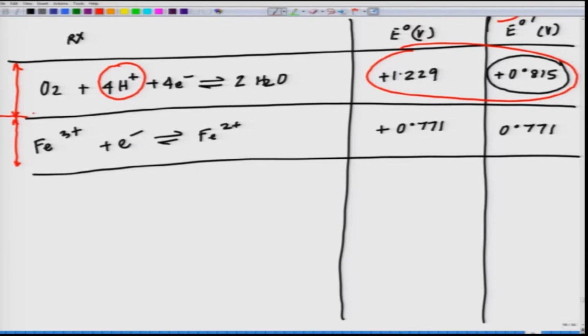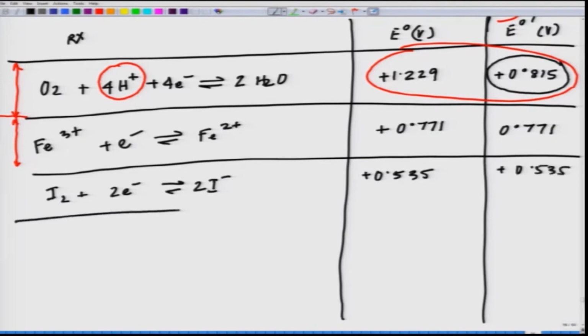Okay. Now, let us get to another example in that line. Say for example, let us take the case of iodine, I2 plus 2 electrons making 2I minus. Okay. And E0 is 0.535 positive, 0.535. Now, you realize it is similar to the ferrous ferric case. Now, I come to another situation where you have a biological molecule like cytochrome.